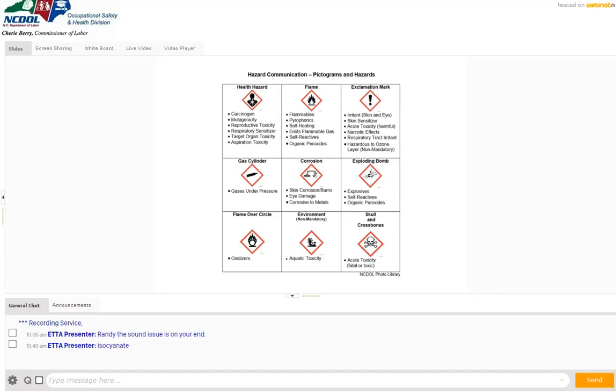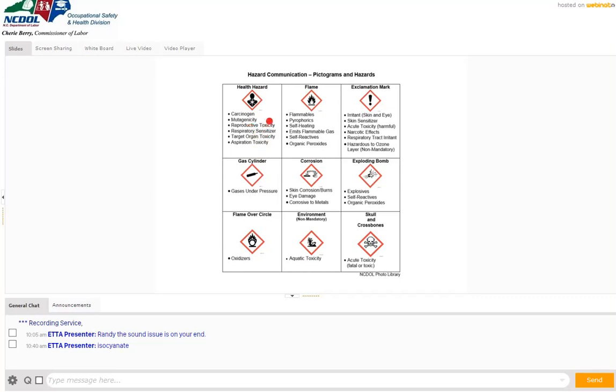Now, one thing I will say, I like 7 out of the 8 pictograms. There's one of them I'm not the biggest fan of. Most of those, if you look at the little symbol or graphic on there, okay, I've got this health hazard.